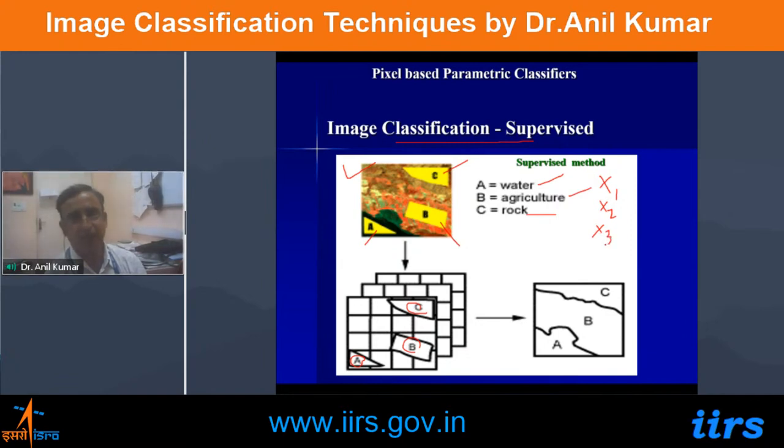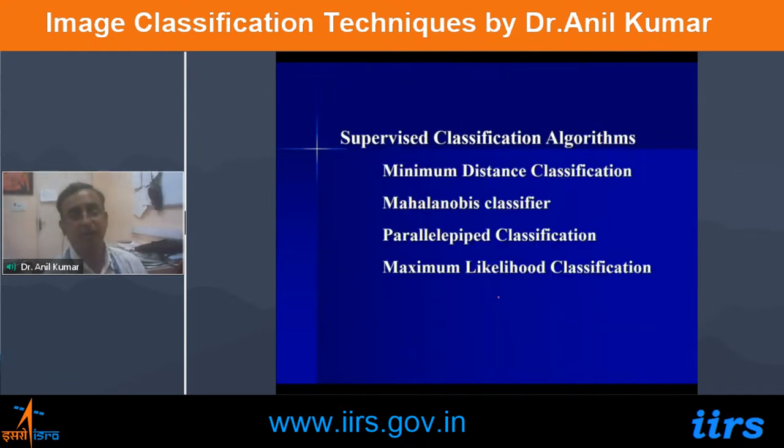So once we have the means, we can go for classification, and we can apply any of the 4 algorithms which I told you. So we can see here the 4 algorithms: minimum distance, Mahalanobis distance, parallelepiped, and maximum likelihood.